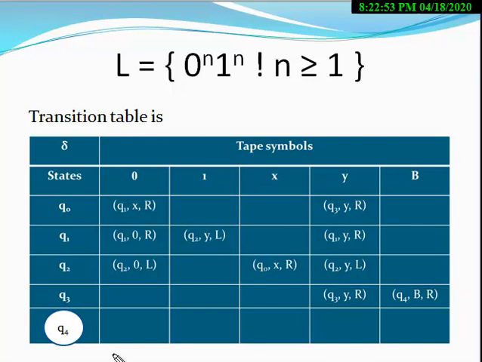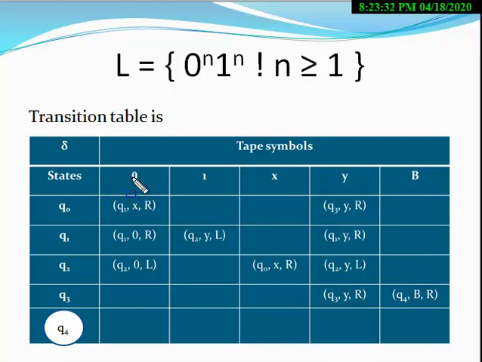So look at this method. Here you have to write all the states: Q0 is the initial state, Q4 is a final state. Here you have to write all the tape symbols. Clearly the tape symbols are 0, 1, X, Y and B, right? Here you have to mention all the transition functions. The transition function entry will consist of a triple: the first is the state, the second is the changed tape symbol, and the third is the direction.